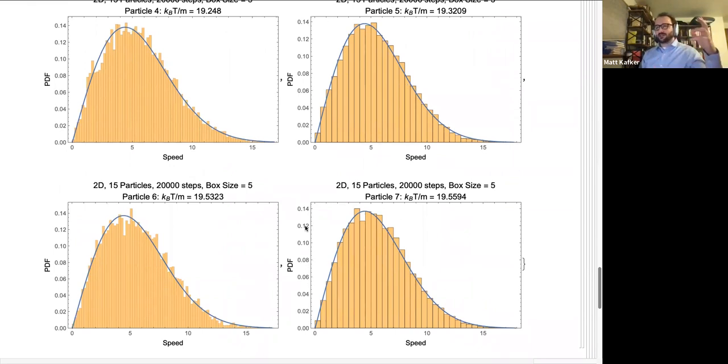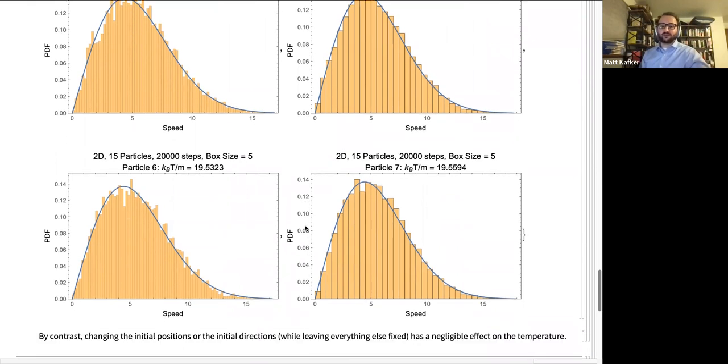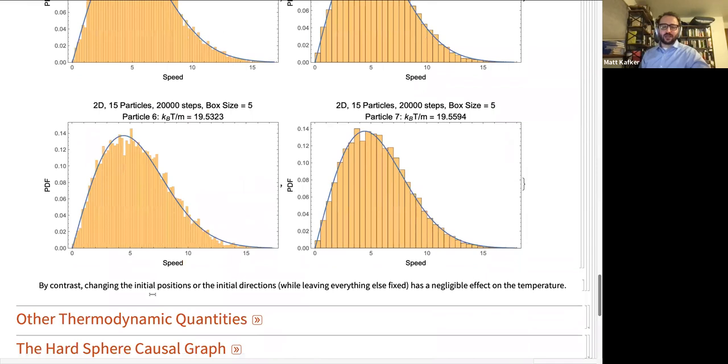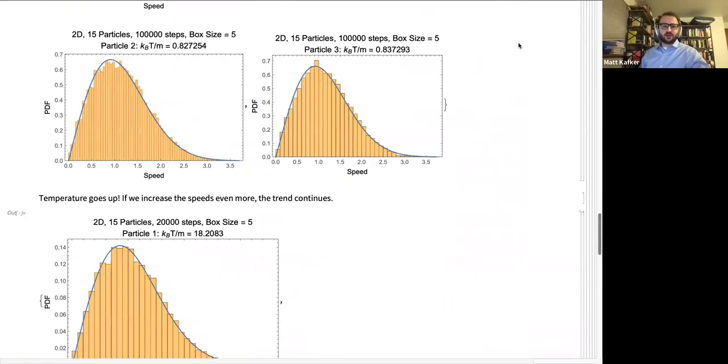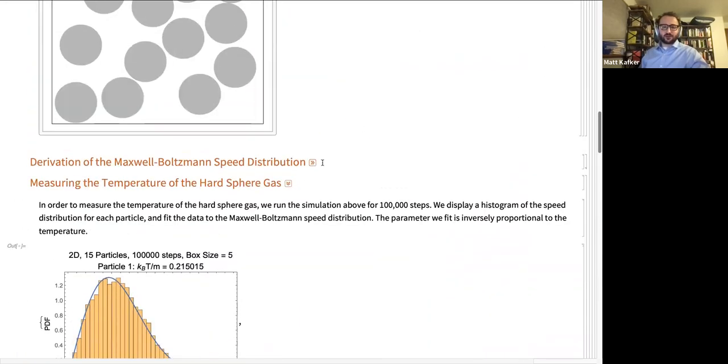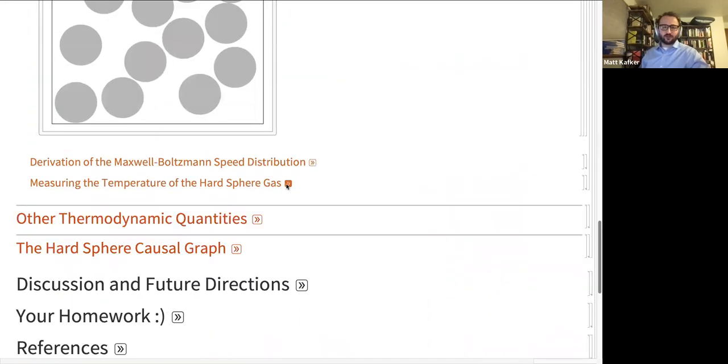So our thermodynamic description matches our rough conceptual understanding of how temperature should behave. And if you change the initial positions or the initial directions while keeping the speed constant, the temperatures will stay constant. Does that make sense what we're up to here? Yeah, okay. So that's how we're measuring the temperature, given the microscopic information here.